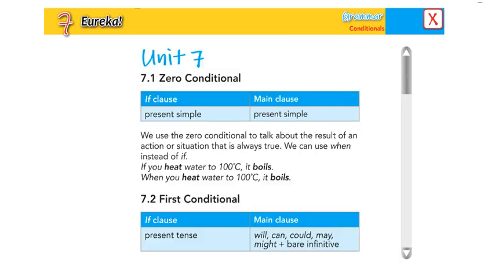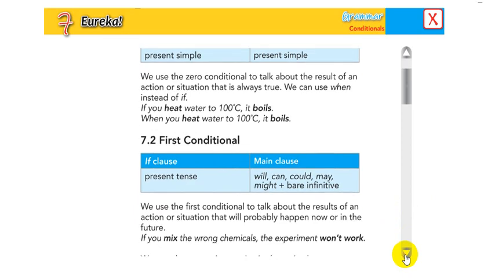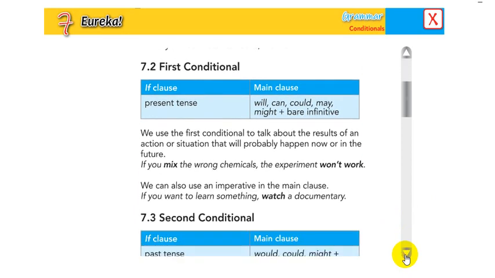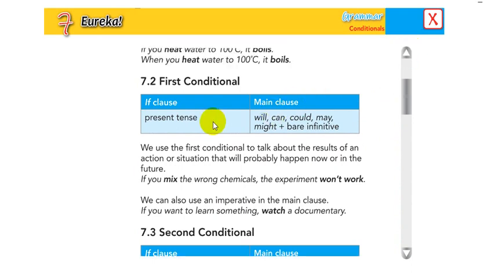When do we use it? The first conditional. If clause, if plus present simple, and the main clause will or can or could or may or might plus bare infinitive.